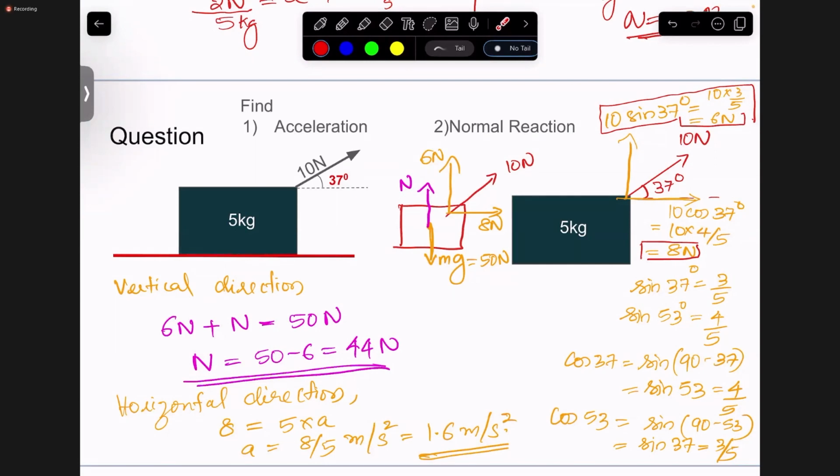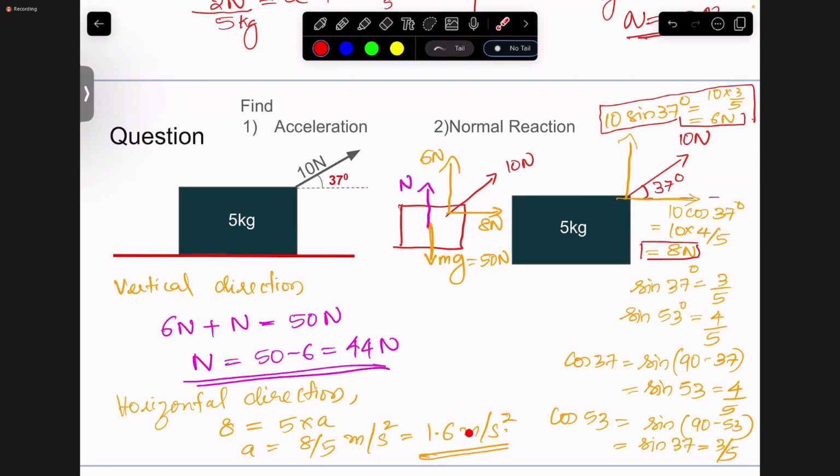So you can imagine, if this 10 Newton was acting horizontally, that means the angle was 0, cos 0 equal to 1, and with 10 Newton given, the acceleration will be increasing, right? Since there is this angle of 37 degree, the acceleration here was 1.6 meter per second square.